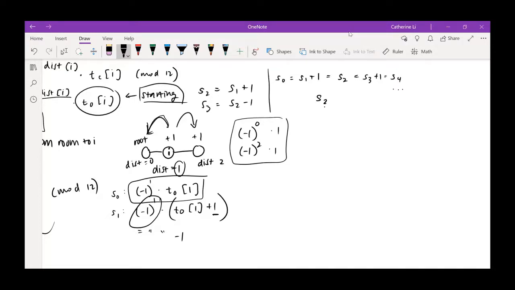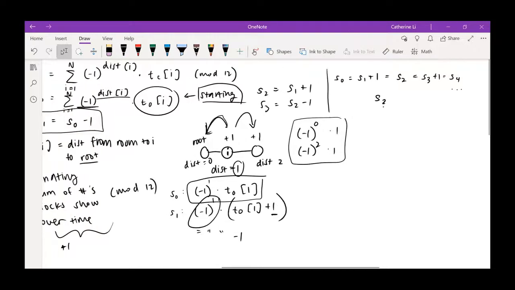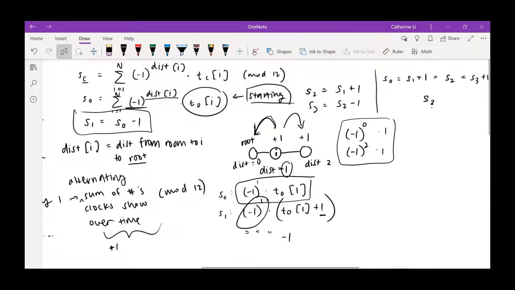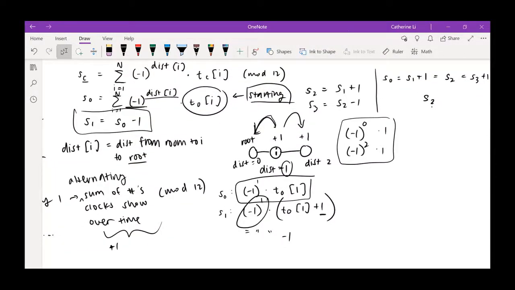This is pretty nice because now what we know is that after some number of corridors that we traverse, we're going to get to a sum of 0. This is because at that time, what we want is that every clock reads 12, which is 0 mod 12.